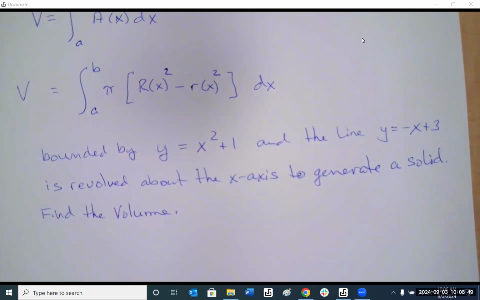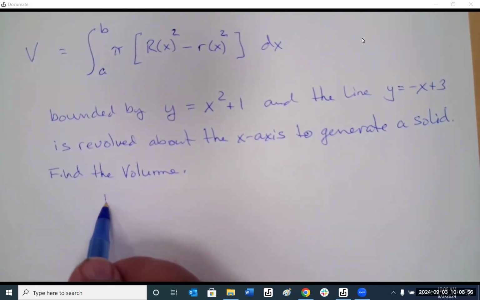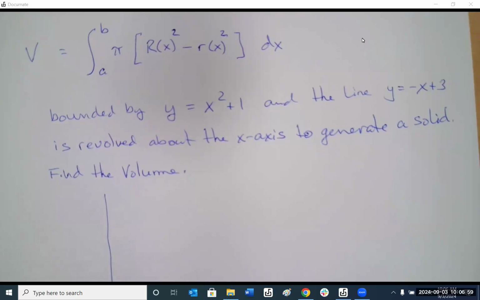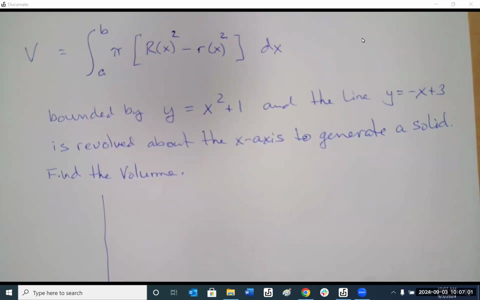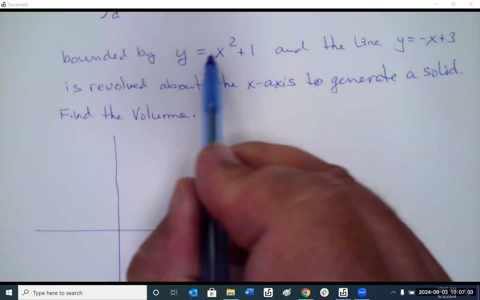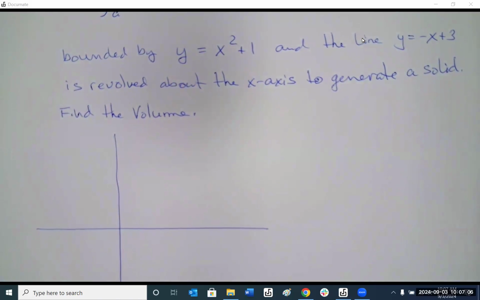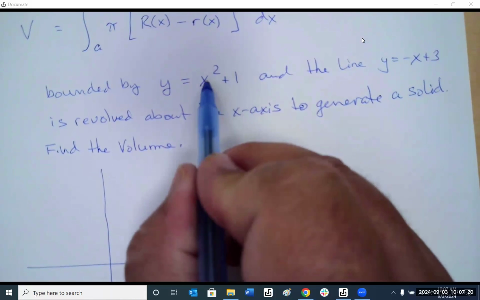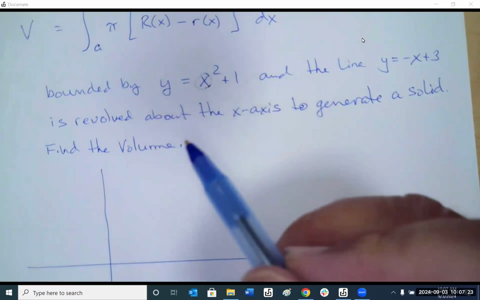So what's our first step? Graph it. So the first function, y equals x squared plus 1. What is that graph going to look like? There is no horizontal movement because x doesn't change.